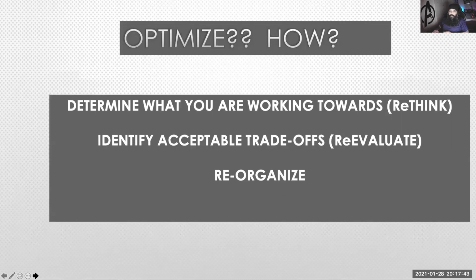So optimize how? The first thing is you determine what it is that you're working towards. From a traditional approach, we might have to rethink what we need to achieve. Just to give you an example, all of us have heard of the Instagram story.